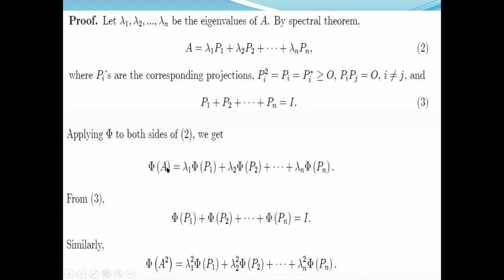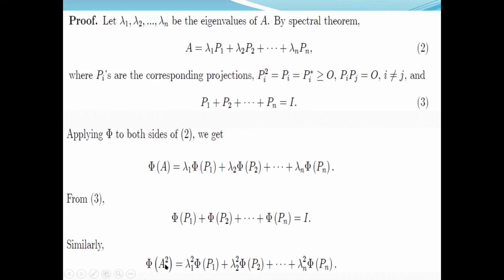So phi of A can be written as lambda 1 phi P1 plus lambda 2 phi P2 plus so on up to lambda n phi Pn. Also apply phi to both sides here. Phi of identity is identity. And again using linearity, this is equal to phi P1 plus phi P2 plus so on up to phi Pn.